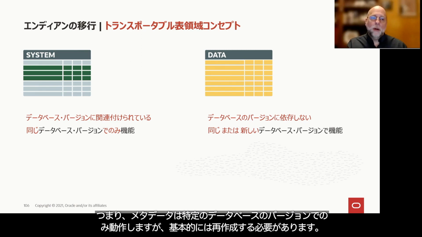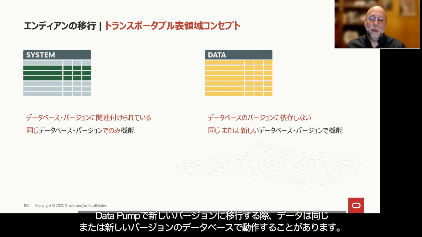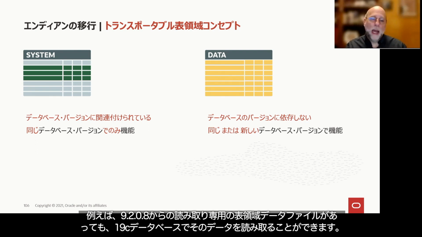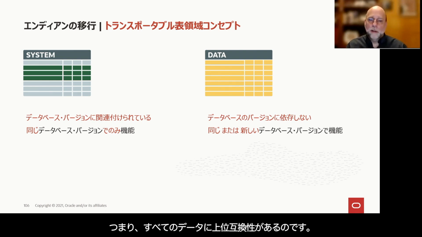So while your metadata will work only in a given database version, it has to essentially be recreated sometimes when we're moving it with Data Pump to a new version. Your data will work in the same or newer database version. You could actually have a tablespace data file that's been read-only since 9.2.0.8 and still read that data in a 19c database. So that upward compatibility is there for all your data.